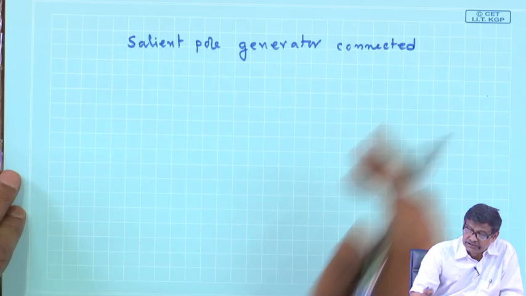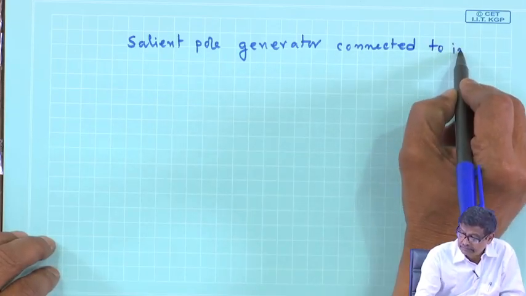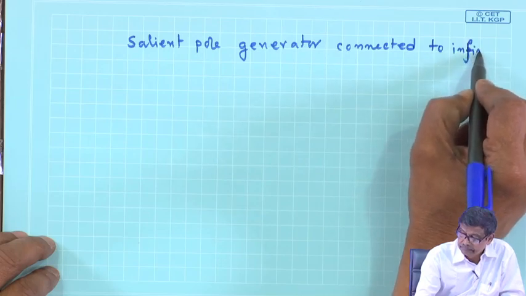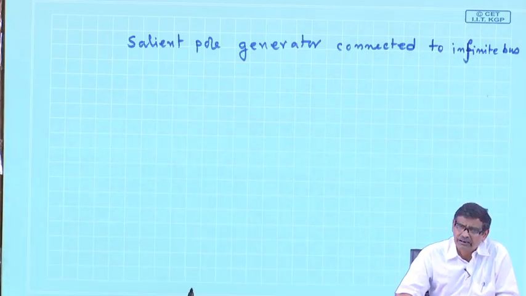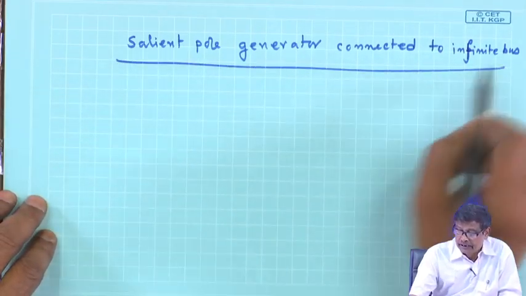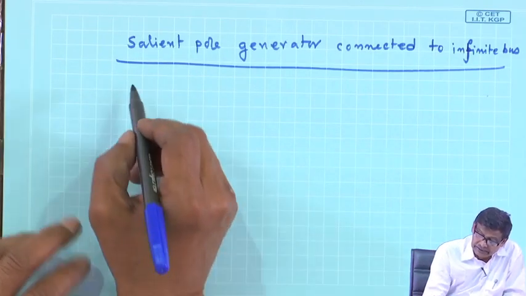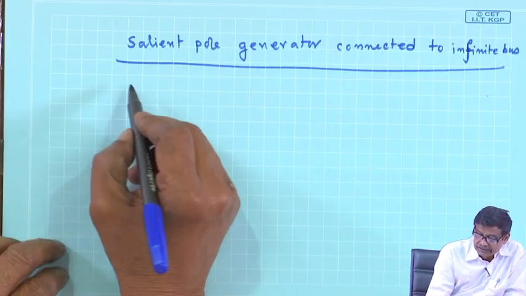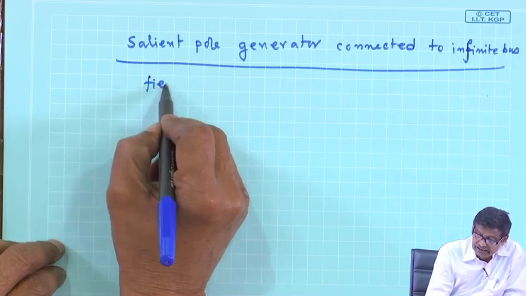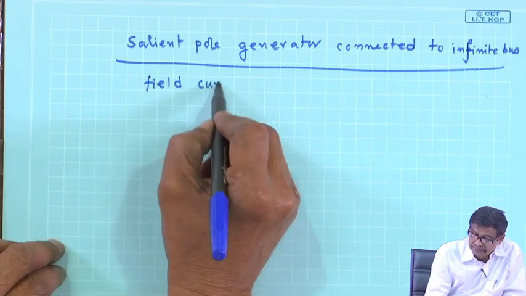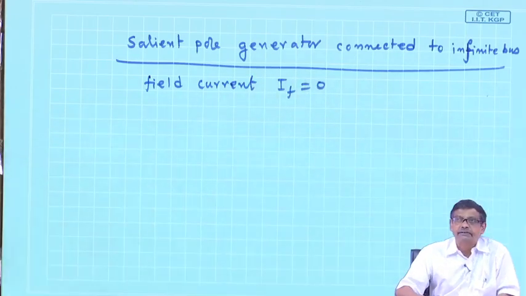Now, suppose a salient pole generator connected to an infinite bus, or it may also operate isolated. Let us see what happens. And suppose the condition I put is that the field current IF of the generator is 0, no excitation.